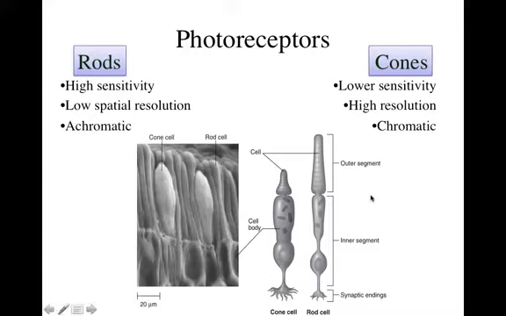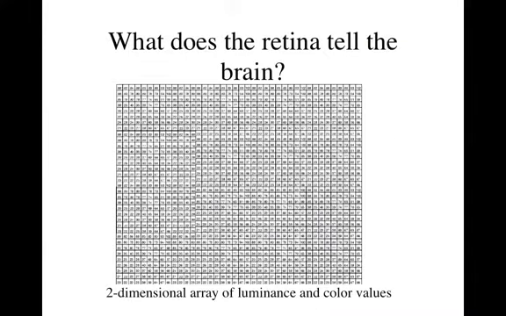Cones have lower sensitivity, need more light, and have higher resolution. They can make finer, detailed, precise measurements. And they're chromatic. They can measure the differences in wavelength, and so that corresponds to differences in color. In general, rods are more active in low lighting conditions, such as nighttime, and cones are more active in better lighting conditions, such as the daytime.